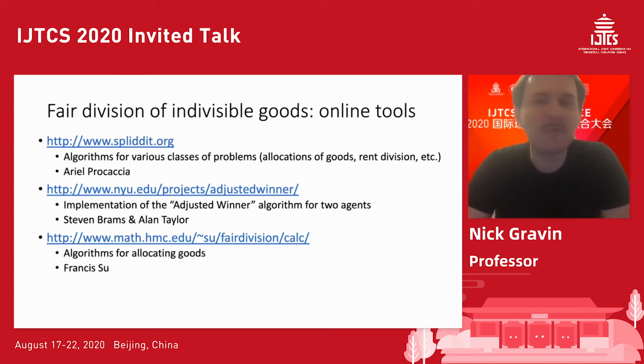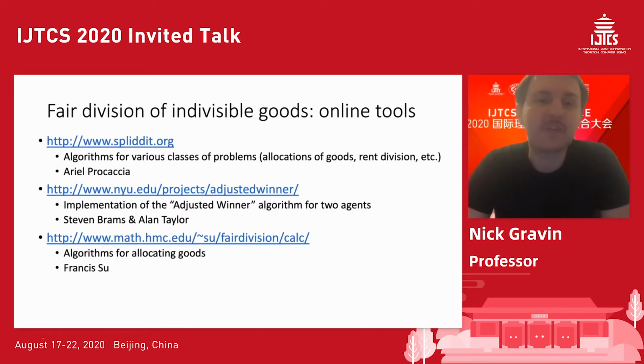In more modern settings, fair division is also very commonplace. There are multiple resources on the web that allow you to do it. For example, probably the most famous one is Spliddit, which offers you a bunch of algorithms and division tasks, for example allocation of goods, like division of inheritance, or rent division, or fair share division, and so on.